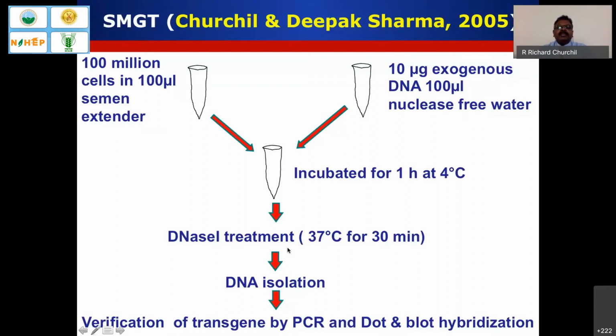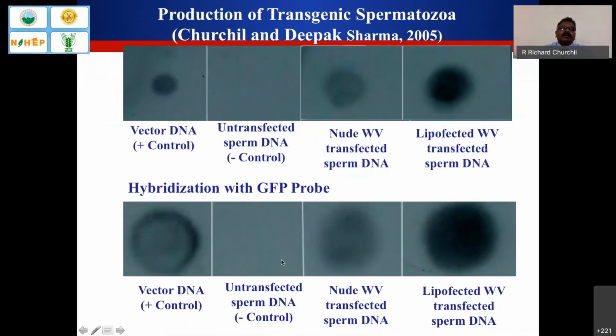Then again, the DNA was isolated from these sperm cells, and it was verified for the internalization of the DNA. So this is the vector DNA. The DNA we used had both the GFP gene as well as the lacZ gene. This is the vector, and this is the negative control, untransfected sperm's DNA, so there is no foreign gene there.